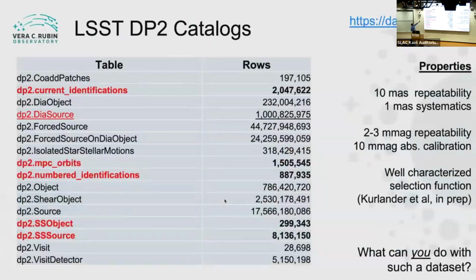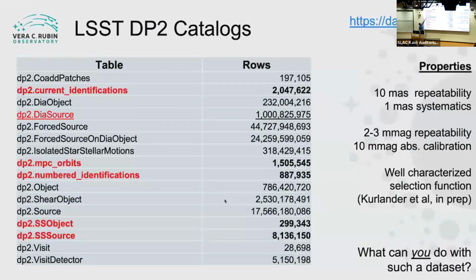Here's the summary of DP2 tables and the scales involved. In red, I've colored the tables that are of interest to solar system work. So we've got the solar system source table. This is where we have solar system specific data associated to known solar system sources. We have solar system object. This is where we're going to find absolute magnitudes in Rubin bands. Then we've got DS source.